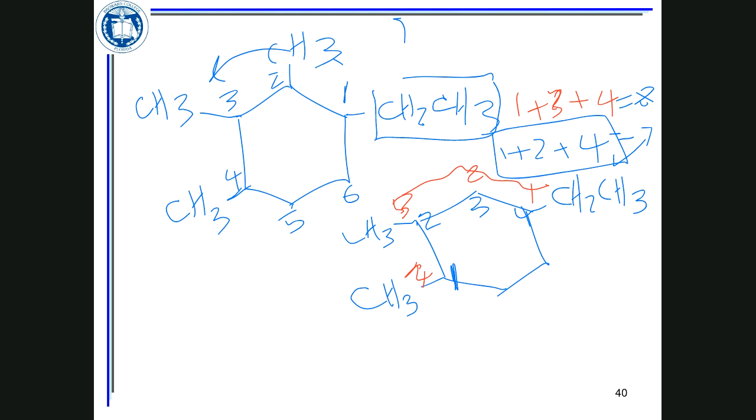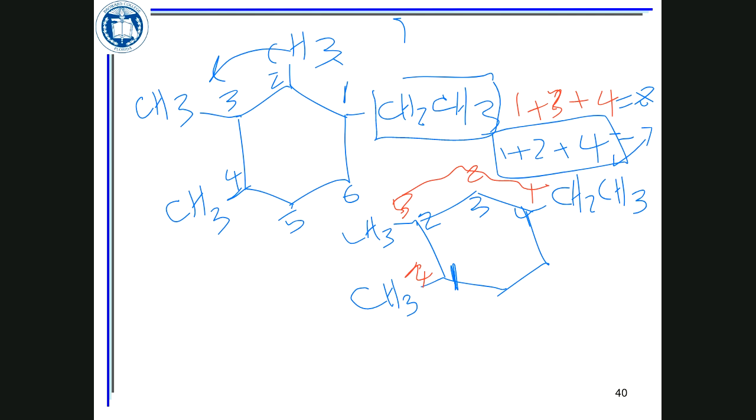So we go methyl 1, and the other methyl would be 2, and then we go clockwise instead of counterclockwise. So the priority goes to the number set in a cyclic system, but if you have the same numbers either way, it doesn't matter which way you go. Since the number set is the same, go with the alphabetic order.